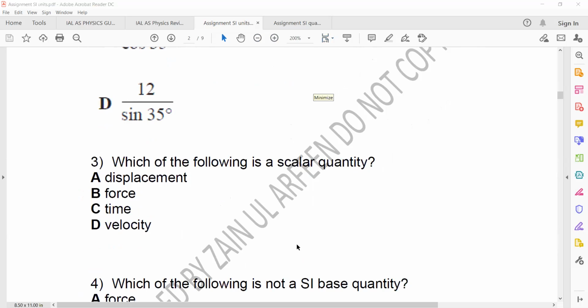For this, everyone should participate. C is the right answer.